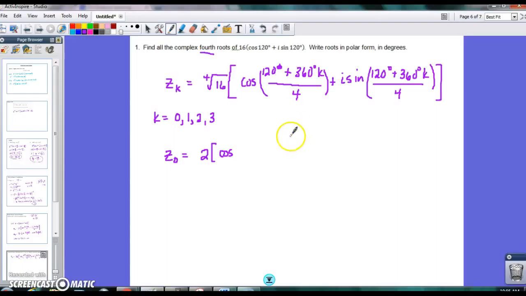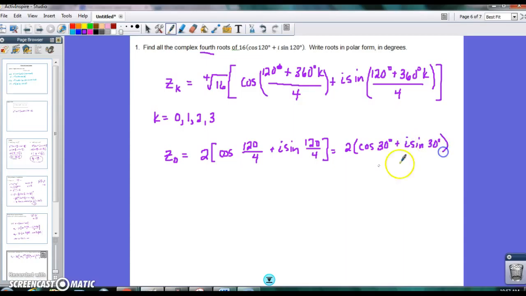So I end up with 120 over 4 plus i sine 120 over 4, which if I simplify that out, I end up with 2 cosine of 30 plus i sine of 30. And that is in polar form, so I don't need to do anything else with it. That's my first one.